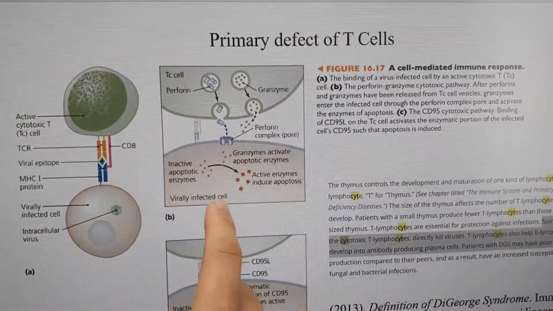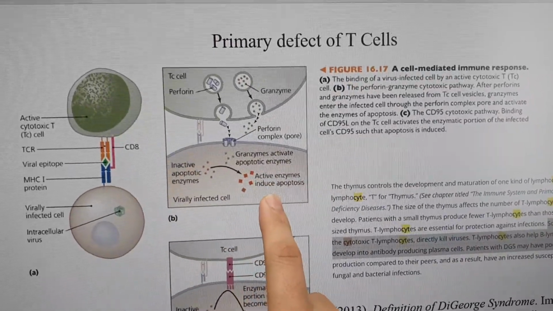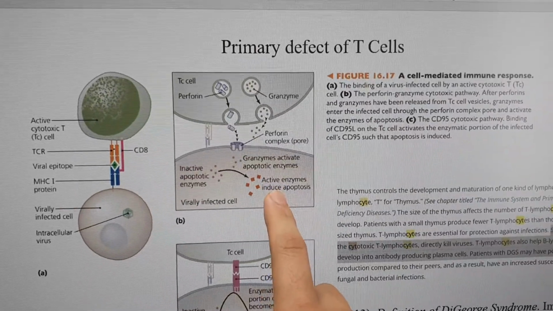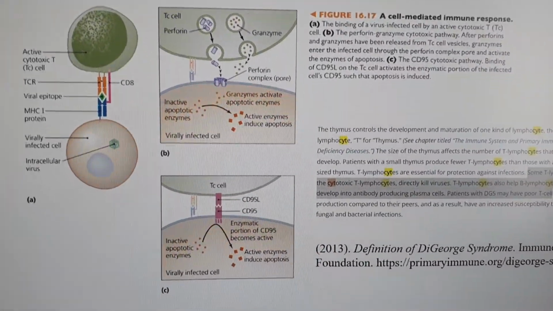So what cytotoxic T cells do, when they attach to the infected cells, is release active enzymes to induce apoptosis. That means killing of our cells.